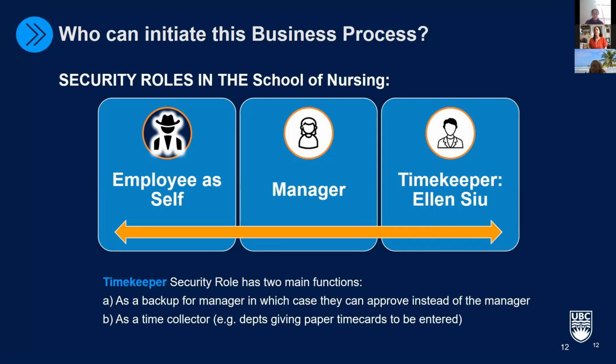In case Amy's not available, Melissa also has the same security role, and the two of them can assist in submitting their hours. And the reason I asked for them to submit the hours is that in my role as timekeeper, I can still approve in case you're not able to approve in time. Okay. Thanks. Any other questions?